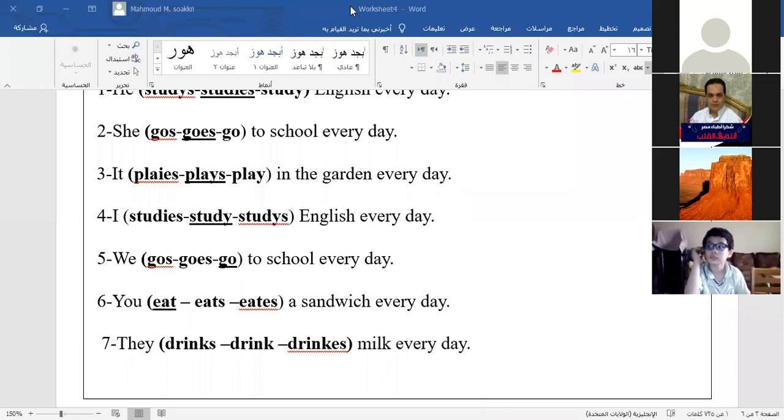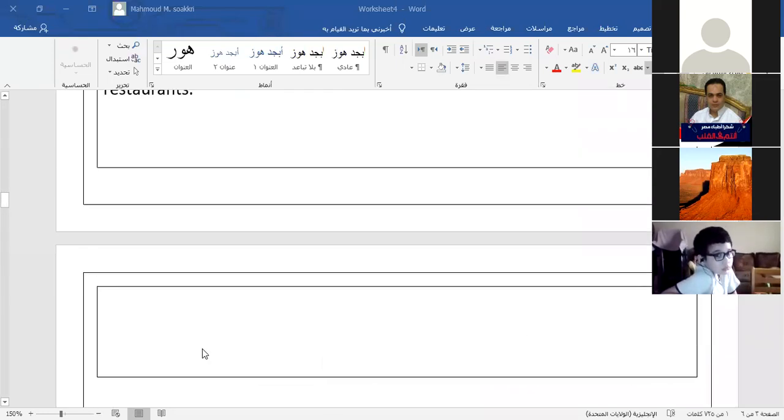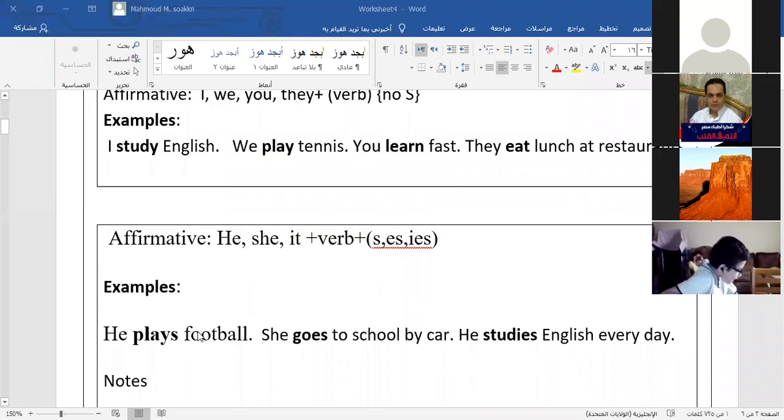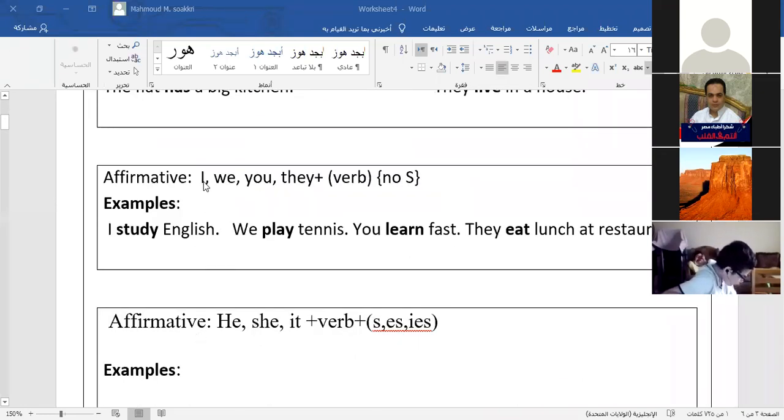Malik Asab, 7, please. They drinks, number 1. They drink is number 1, right? Okay, look here, Malik. Read this, please.